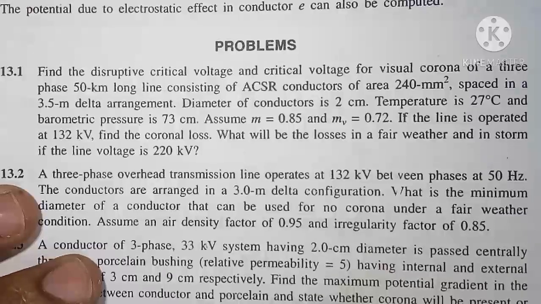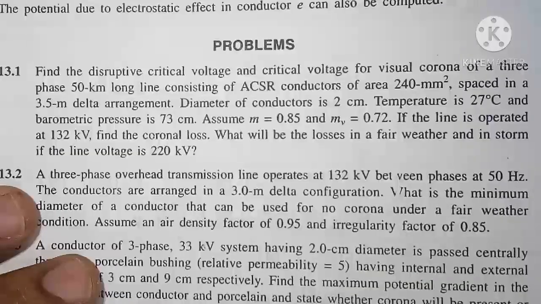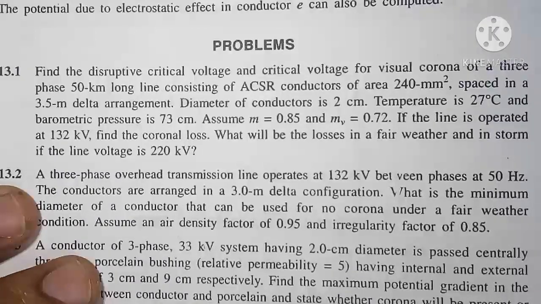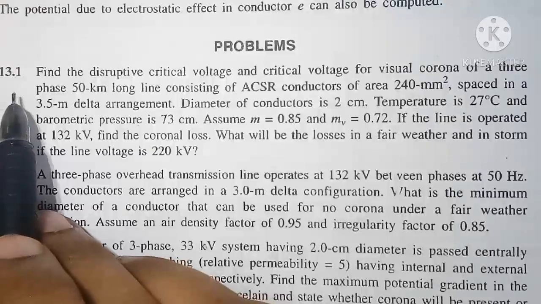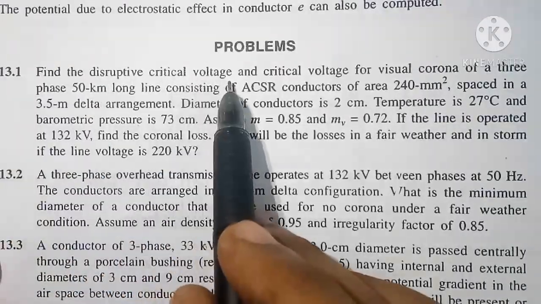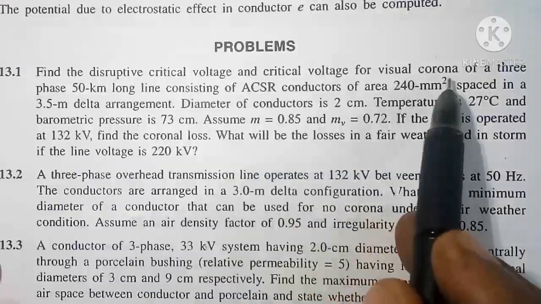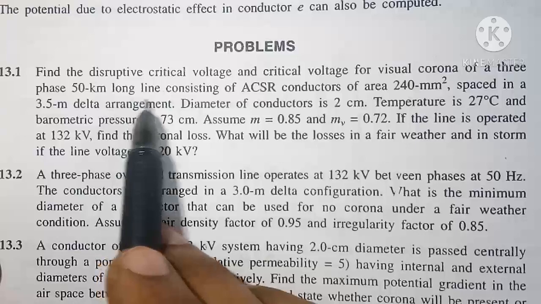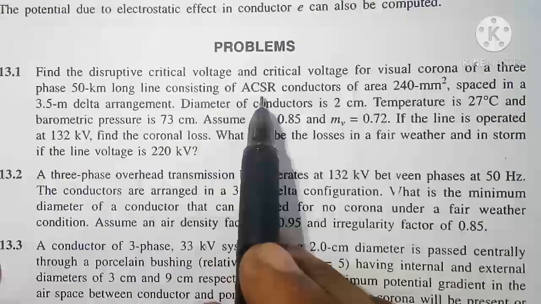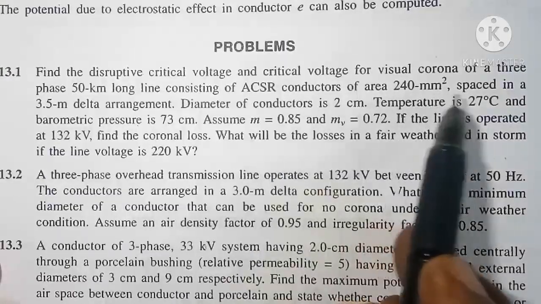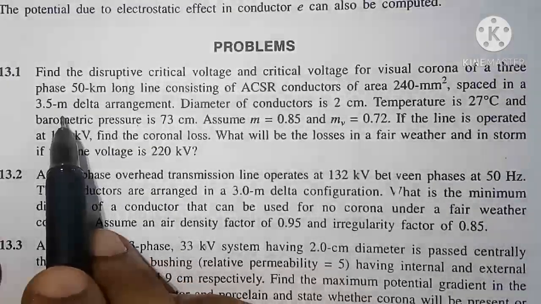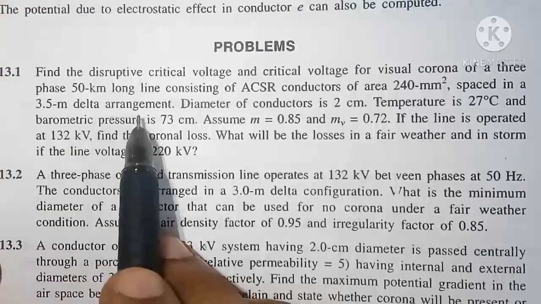Now we will solve one problem based on the disruptive critical voltage, the critical voltage for visual corona, and the power loss due to corona. Find the disruptive critical voltage and critical voltage for visual corona of a three-phase 50 km long line consisting of SESR conductors of area 240 mm square spaced in a 3.5 meter delta arrangement.